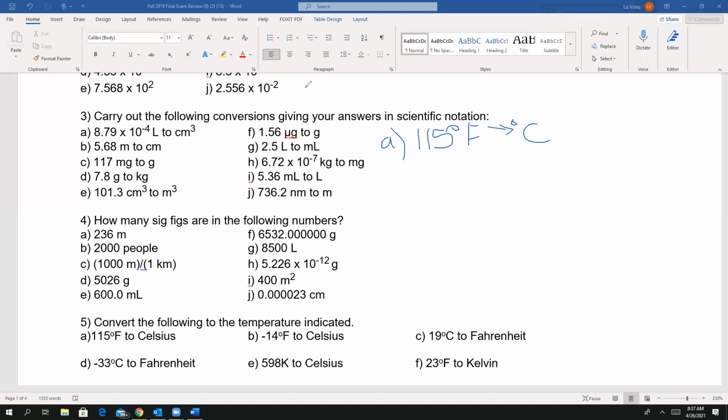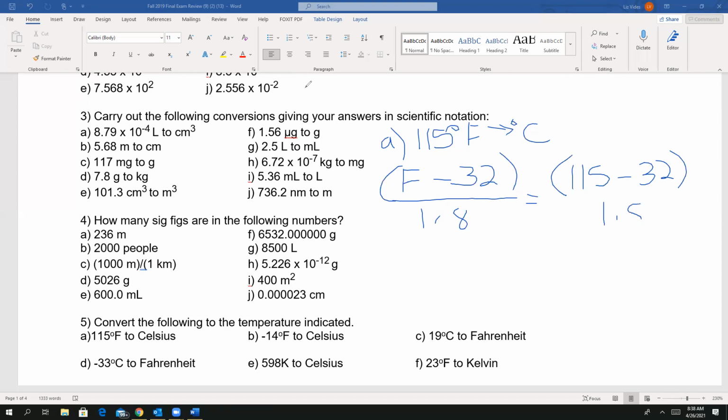All right, for that one, we need the formula with the C in it, right? Which is the Celsius. And for that one, we have that it is Fahrenheit minus 32. Do that first. That's what I'm putting in parentheses. And then you divide it by 1.8. So in this case, it's going to be 115 minus 32 divided by 1.8.